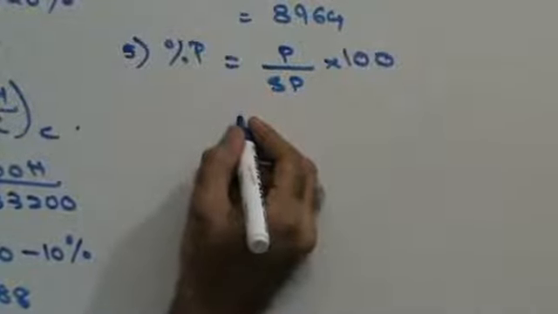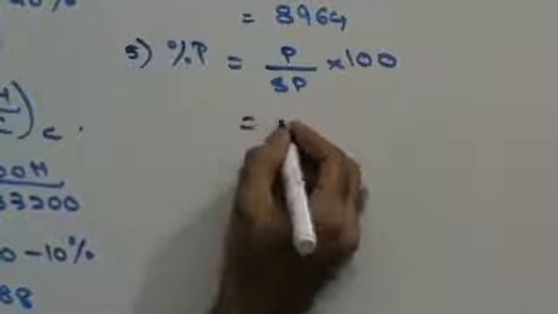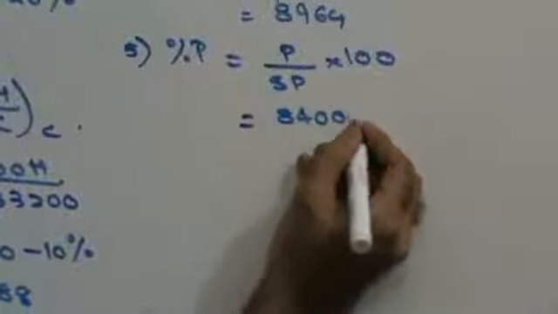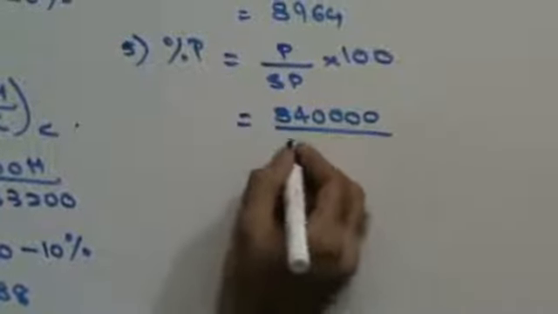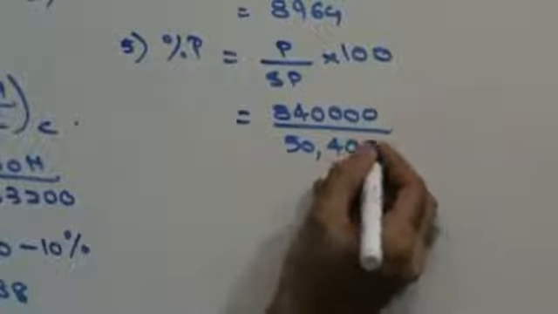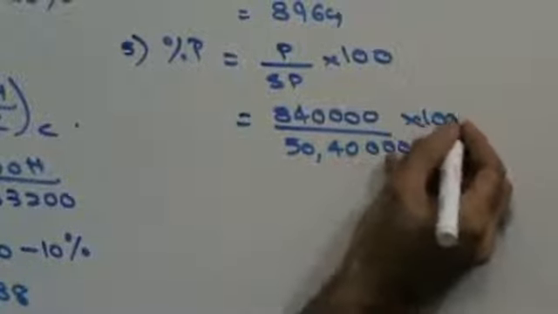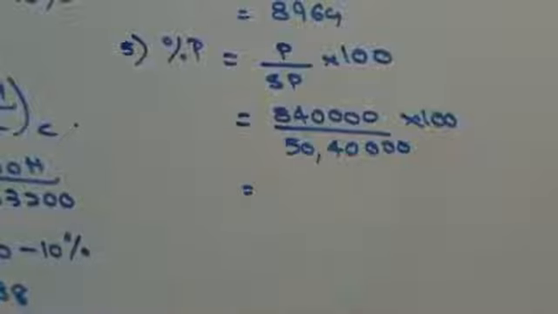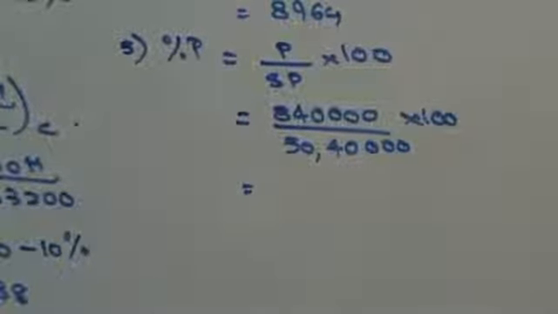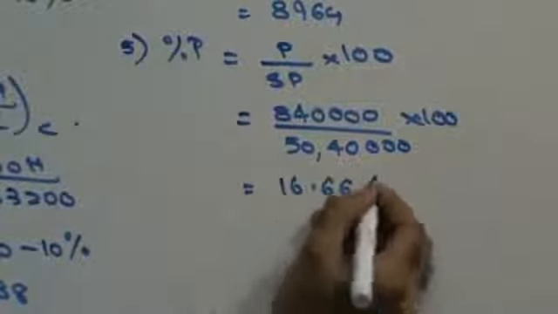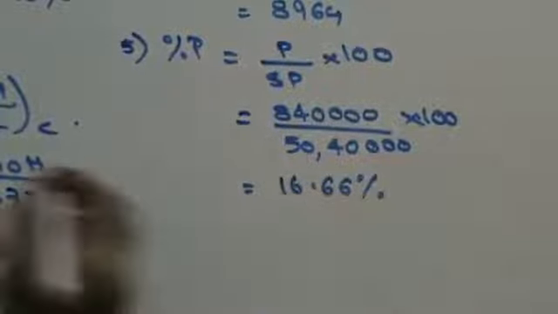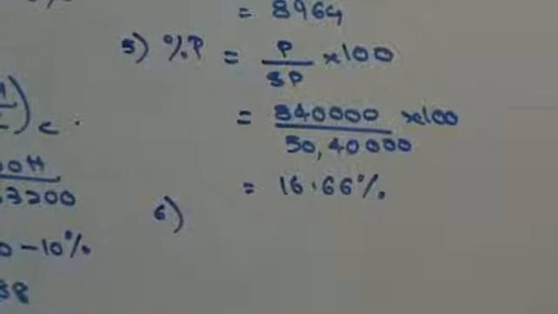Now, this can be written as 8,40,000 upon 15,40,000 into 100. Someone please get me this. 16.66%.